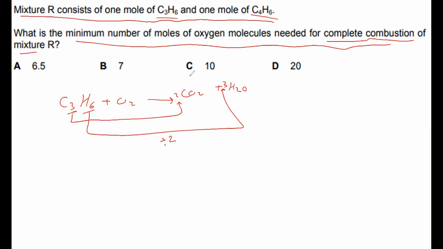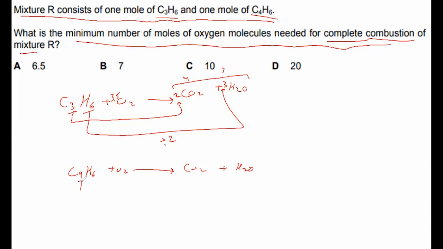So in total, how many oxygens do we have here? Here we have 4 in total, and here we have 3. So it is 7 oxygens, so 3.5 O2 will be here. For the next one, C4H6 plus O2 gives us CO2 plus H2O.